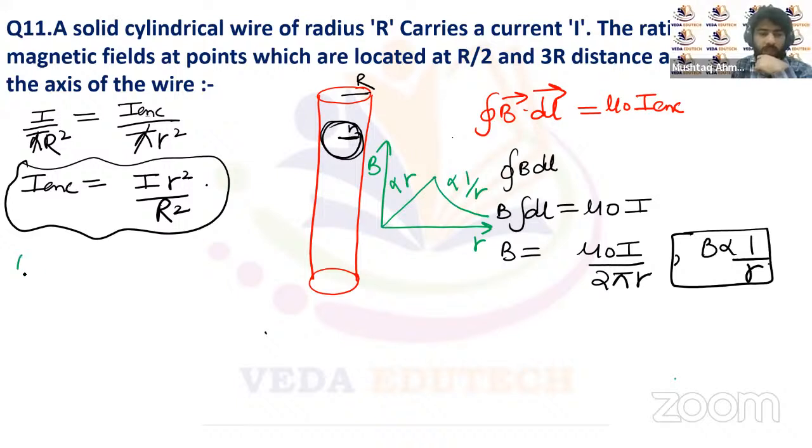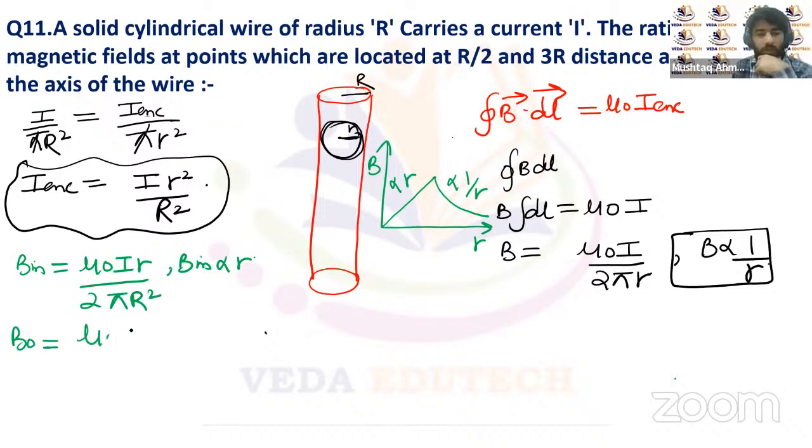So inside, it will be mu naught I multiplied by small r upon 2 pi R square, or we can say B is proportional to r. And similarly, outside will be mu naught I upon 2 pi r, or we can say B outside is inversely proportional to r. So B inside is directly proportional to r, and B outside is inversely proportional to r.